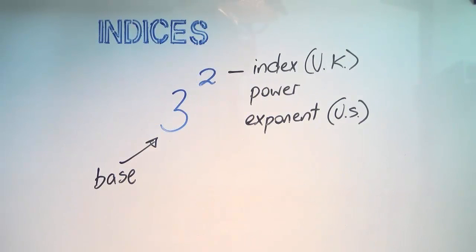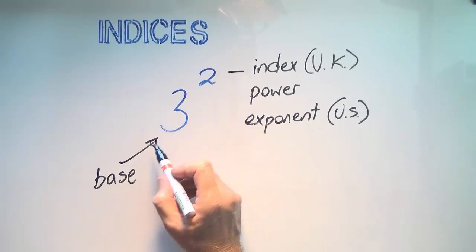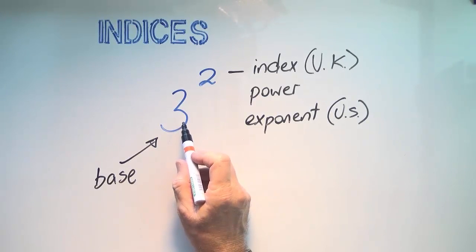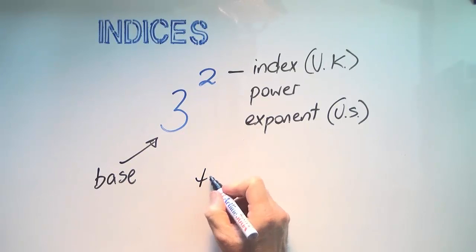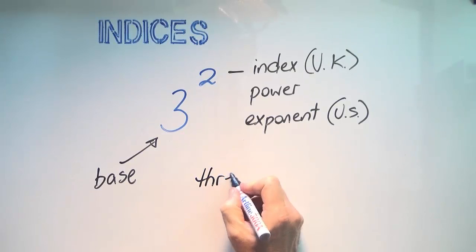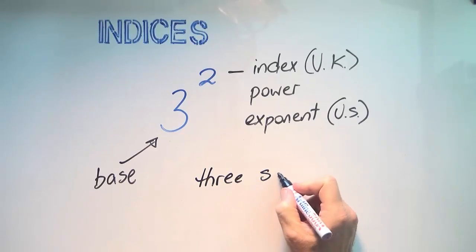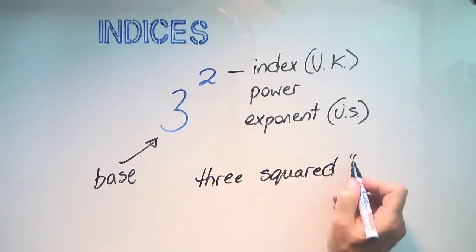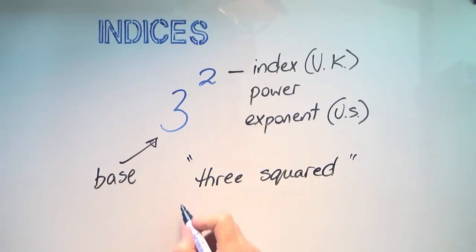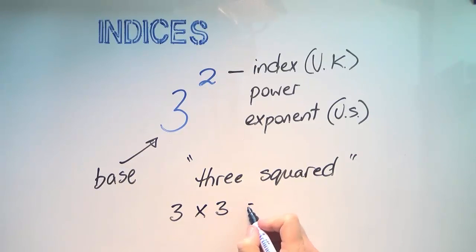Let's have another example. This time I've changed the base to 3 and the power to 2. Now this is pronounced 3 squared. And it's simply 3 times 3, which is 9.